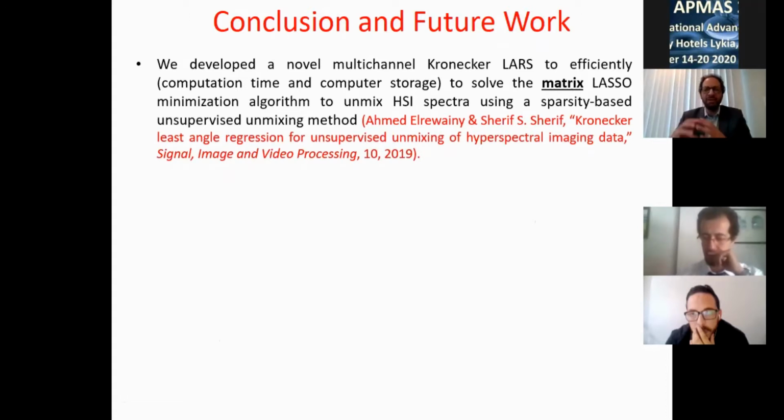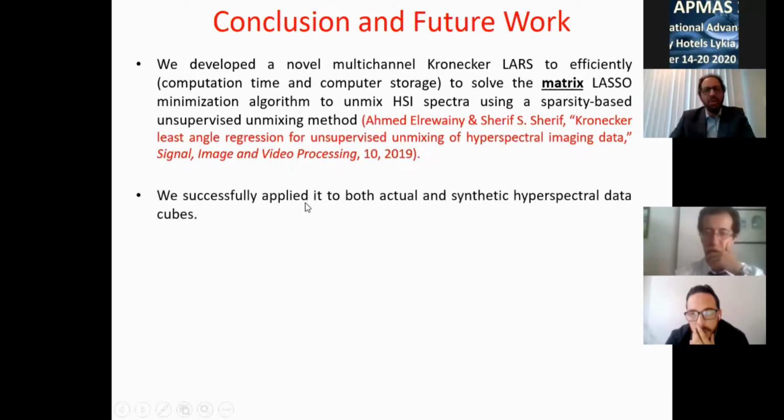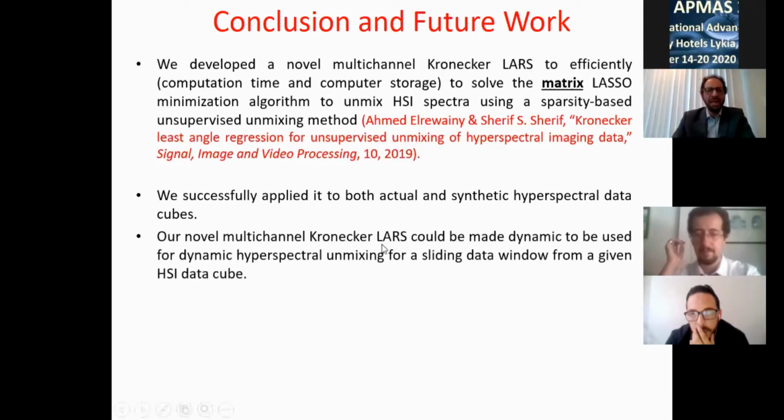So not only did we develop this general technique, we applied it to unmixing of hyperspectral imaging cubes, and this is the paper we published in Signal, Image and Video Processing last year. We successfully applied it to both actual and synthetic hyperspectral imaging data cubes.